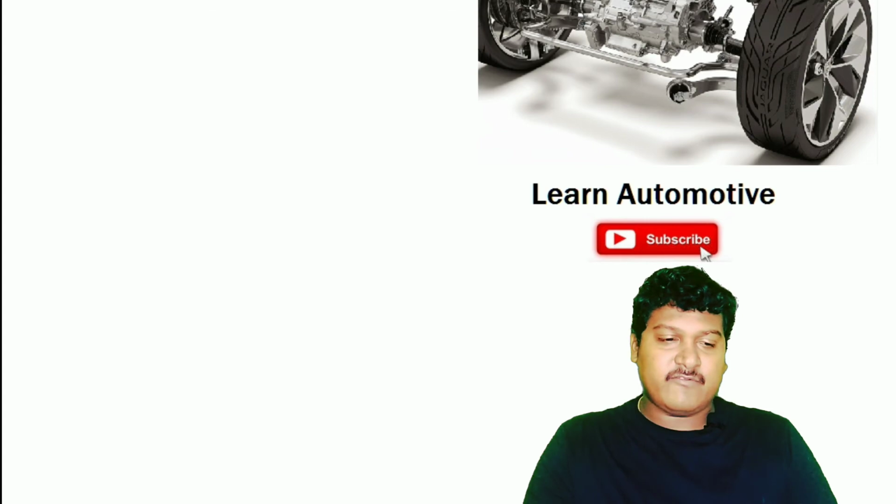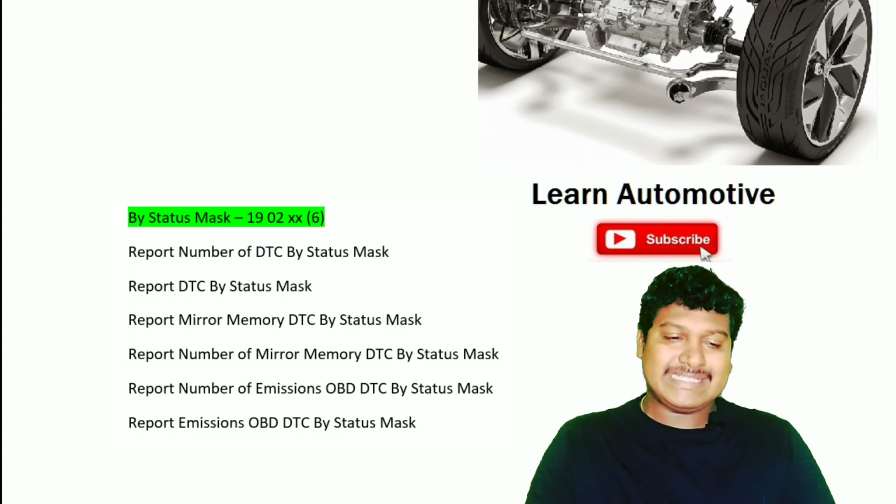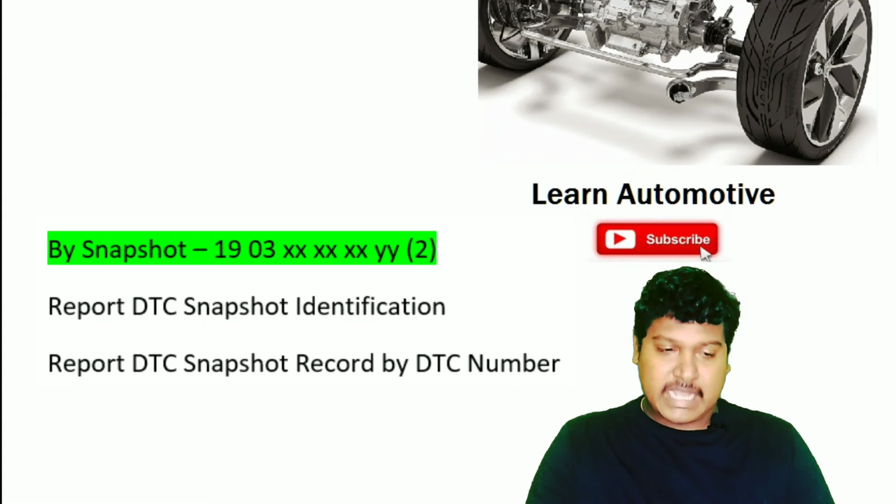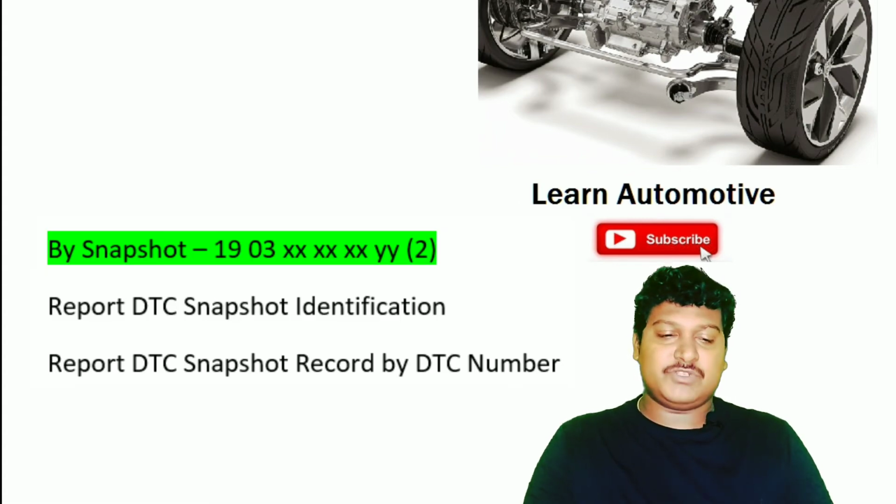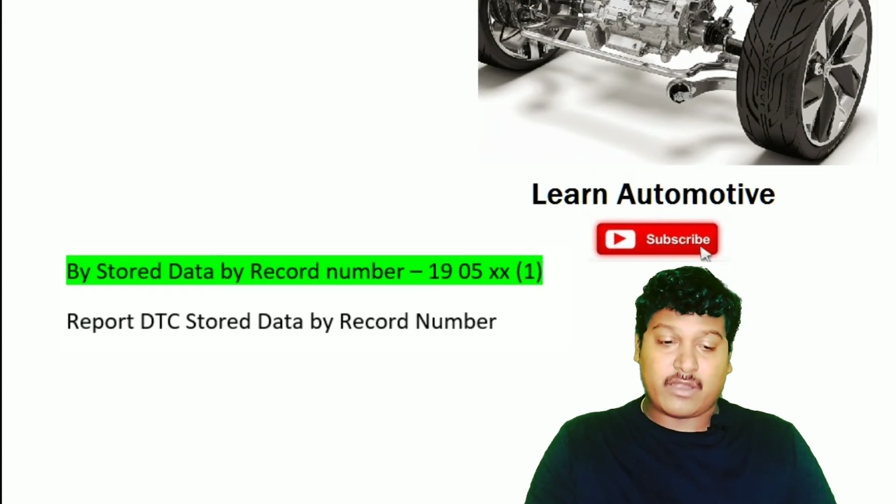The first category is by status mask. In status mask you have 6 sub functions, using which you can read the DTCs. Then by snapshot, in which you have two sub functions. Then by stored data by record number, in this you have one sub function.